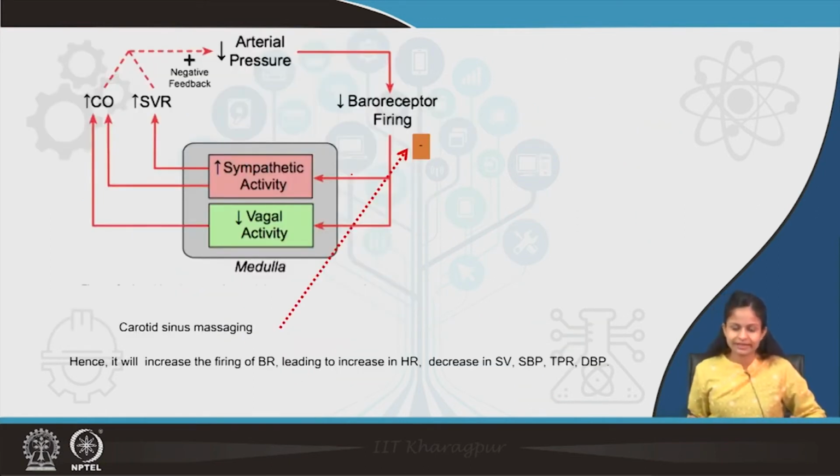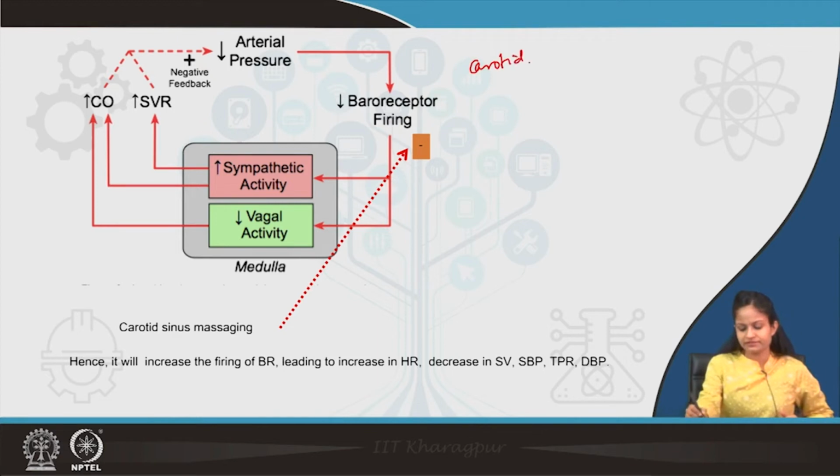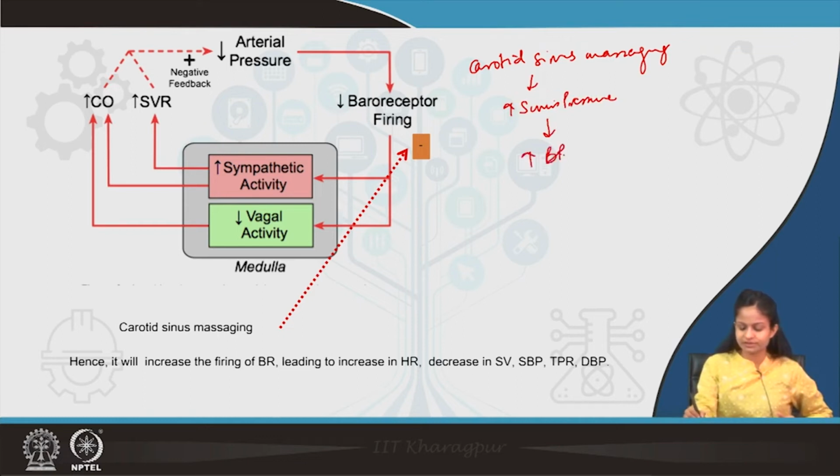Now, suppose there is baroreceptor firing, which means there is an increase in the sinus pressure. That increase in the sinus pressure can be produced if I do carotid sinus massaging. If I massage the area of the carotid sinus, there will be increased sinus pressure, and increased sinus pressure will cause increased baroreceptor firing.